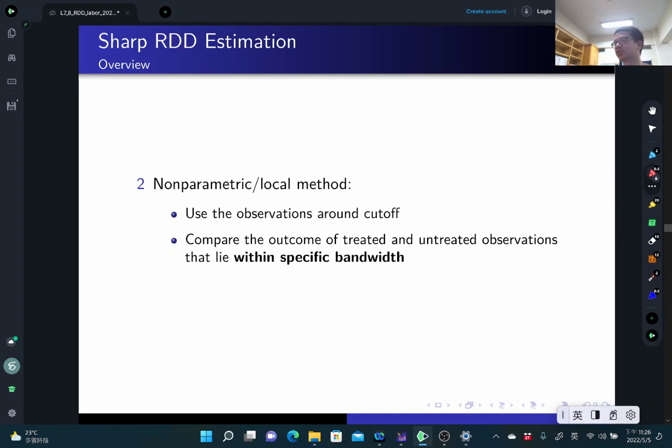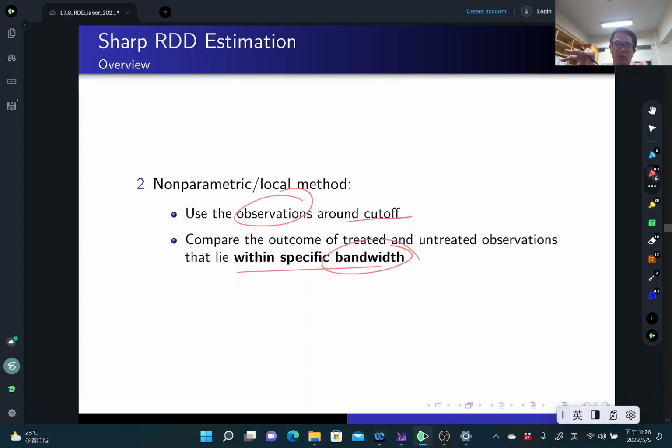And the second approach is the so-called non-parametric or local method. In these methods, we will just use the observations around the cutoff. We want to compare the outcome for the people who get treatment and who do not get treatment within a specific bandwidth.